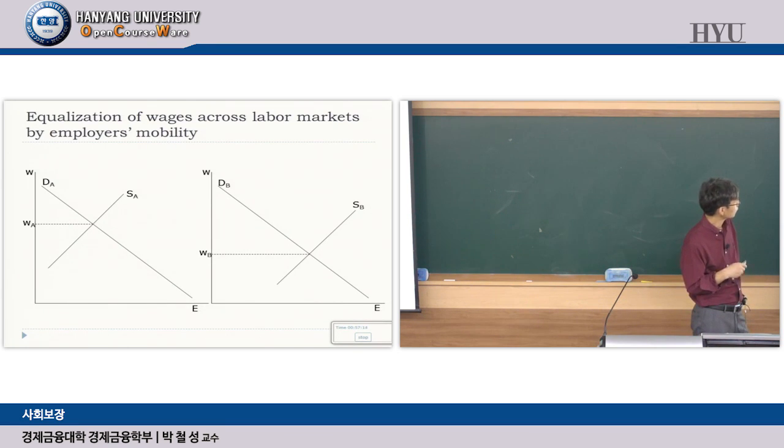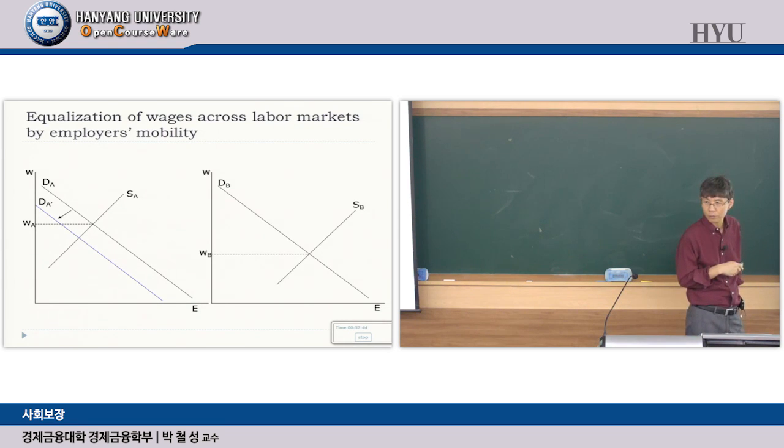Now, this part is a bit different, but the same logic. Let's assume that the employees cannot change their location, but only the employer can change their location. Basically the same thing will happen. Let's say Seoul is WA and Busan is WB. The firms can change their location. What happens? If you're an employer, obviously you want to move to a place where labor is cheaper.